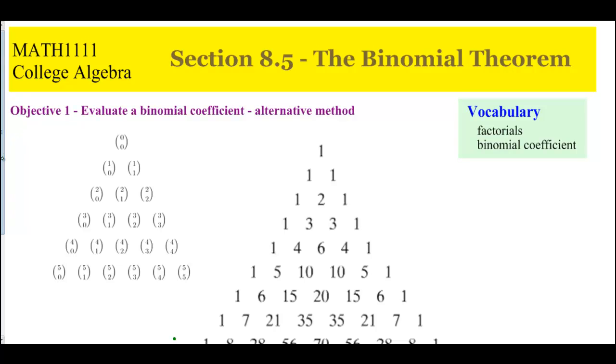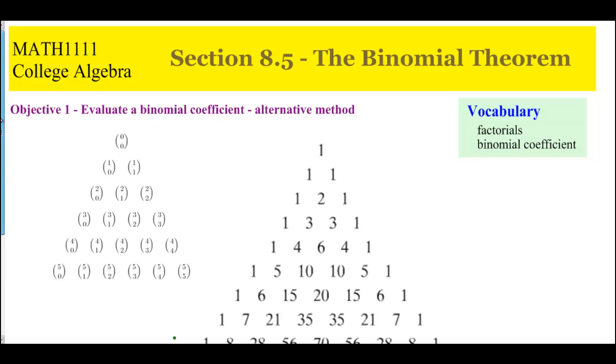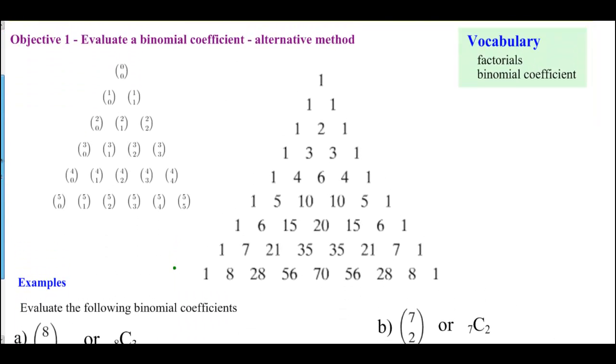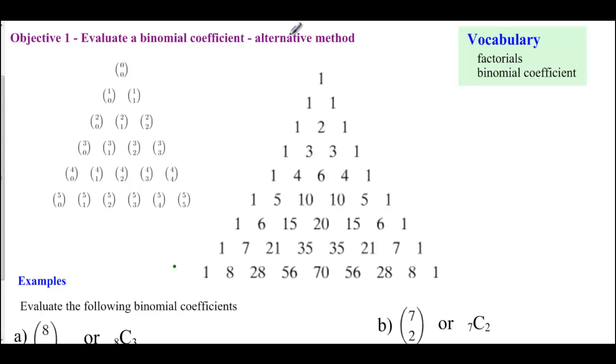Okay, so let's talk a little bit more about these binomial coefficients, and there's an alternative method. So this is Pascal's Triangle. I had to remind myself who it was. But if you look, there's a pattern here. To get to each of these numbers, we're taking the two numbers above it and adding.